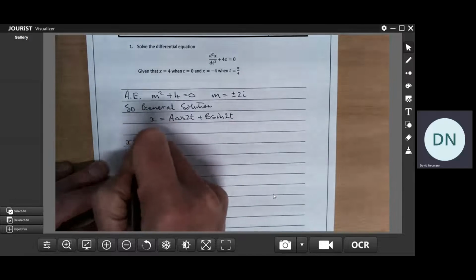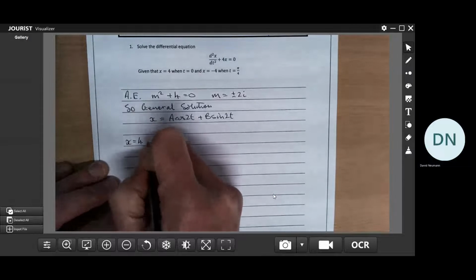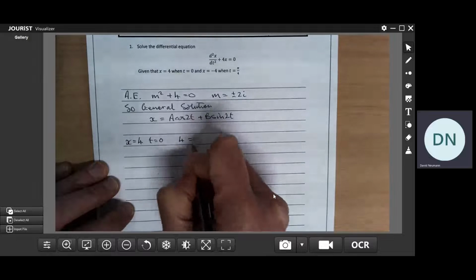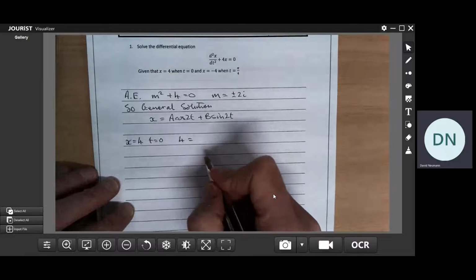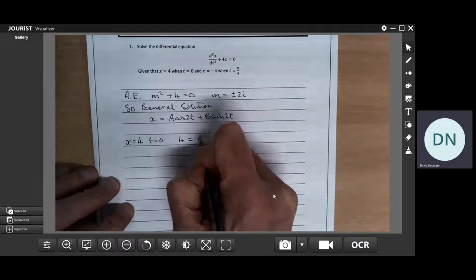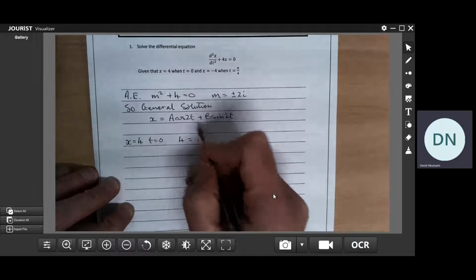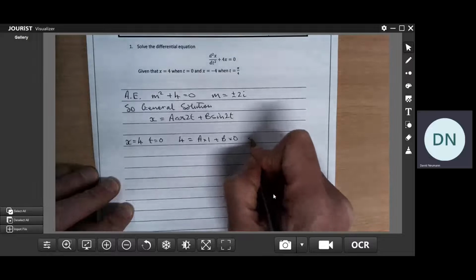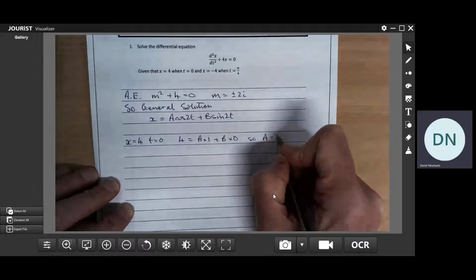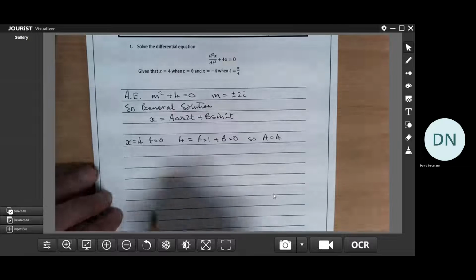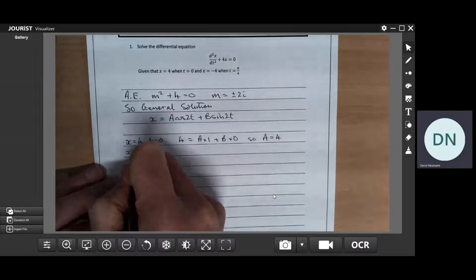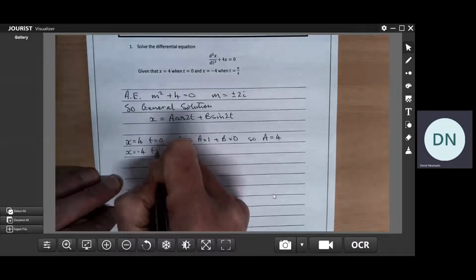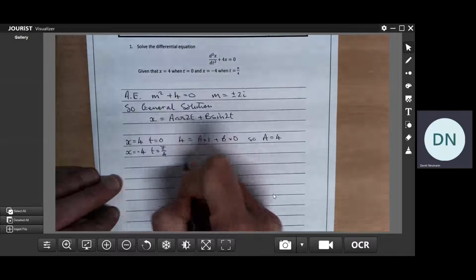So at x is equal to 4 and t is equal to 0, we've just got 4 is equal to a times cos of 0, which is 1, plus b times 0, so a is equal to 4. And x is equal to minus 4 when t equals pi over 4.